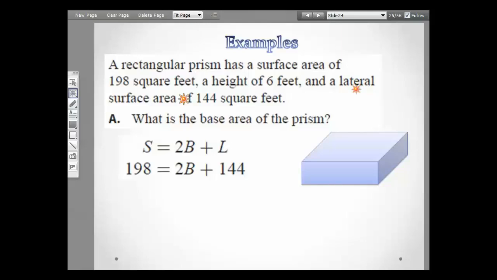Oh, no, they gave us the lateral surface area. I apologize. So the surface area that they gave us in the problem is 198 square feet. They want us to find the capital B, and the lateral surface area that they gave us is 144.